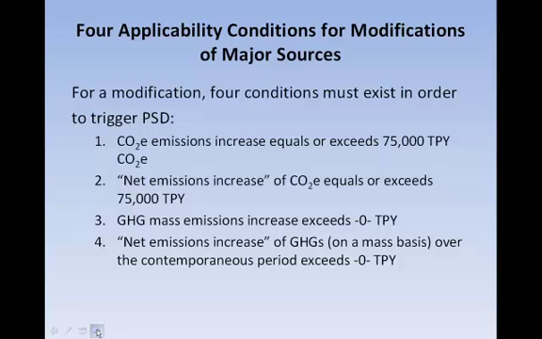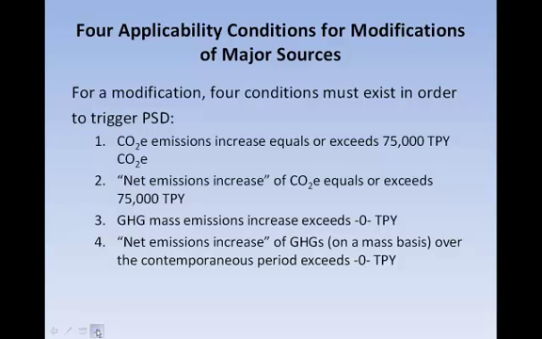So it may also be helpful to think of the PSD applicability for greenhouse gases at an existing major source to be a 4-part test. For a modification to trigger PSD at an existing major source, all 4 of the listed conditions must exist. The CO2e emission increase must equal or exceed 75,000 tons per year of CO2e.